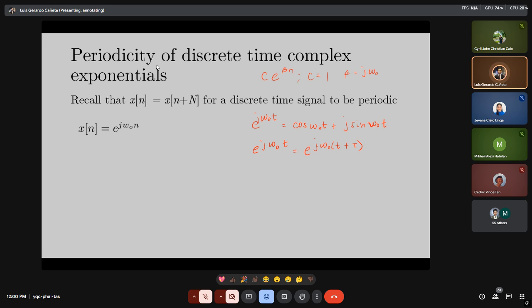So we can show that by solving it right here.